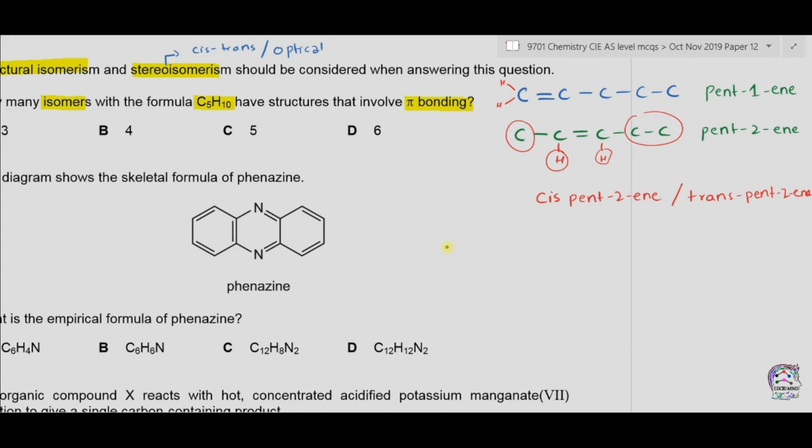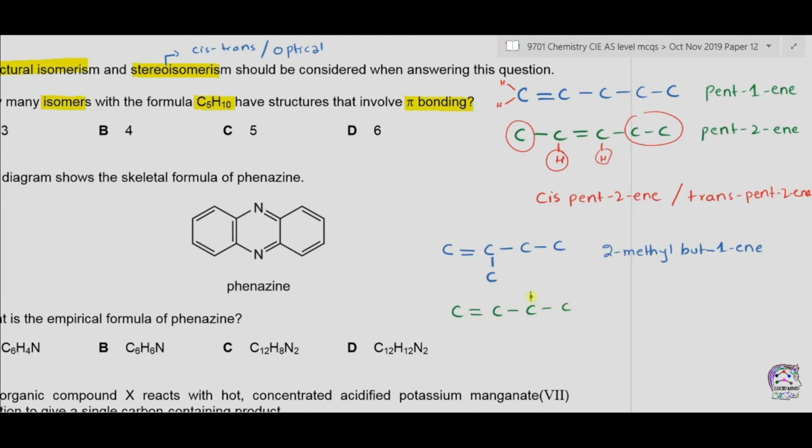Another possible structure that we can draw is the one in which the double bond is between the first and second carbon, and there are 4 carbons in the long chain, while the methyl group is attached to the second carbon atom. So it will be 2-methylbut-1-ene. We can change the structure like this.